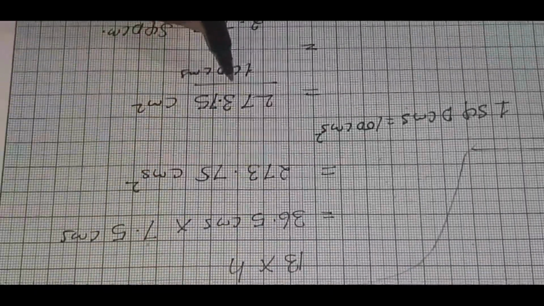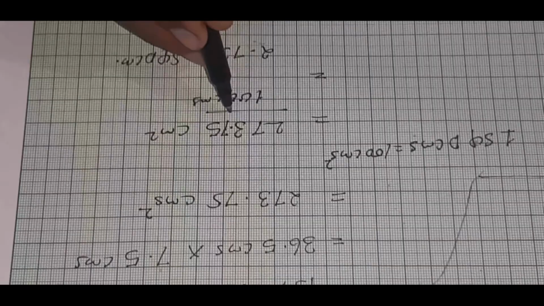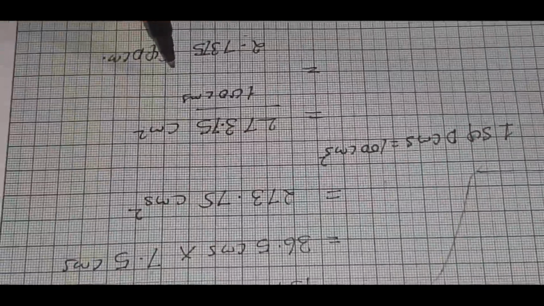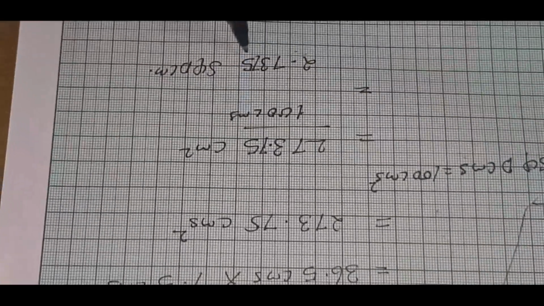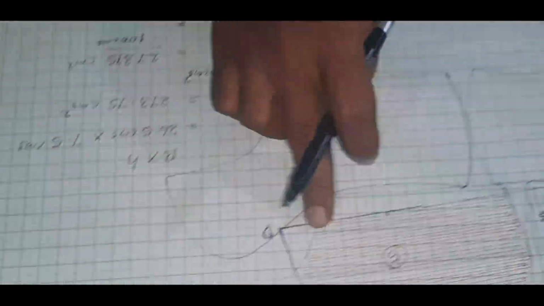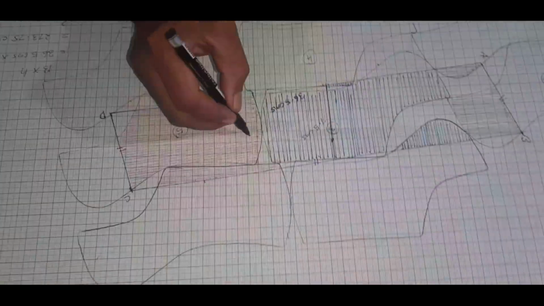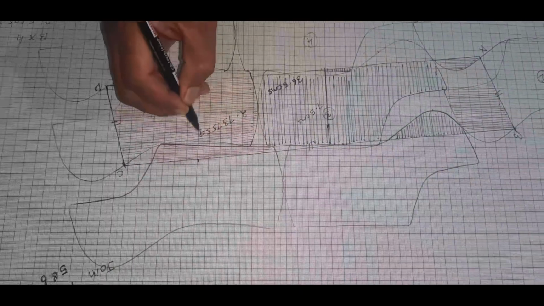That's why I am converting this by dividing by 100. 273.75 divided by 100, the square decimeter is 2.7375 square decimeter. So this pattern scale area is 2.7375 square decimeter.